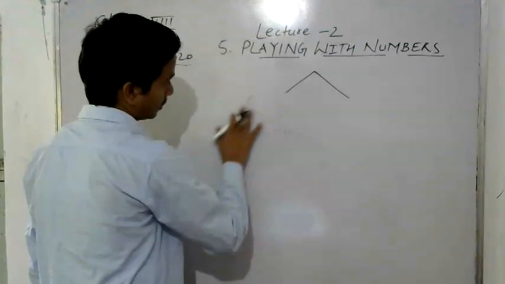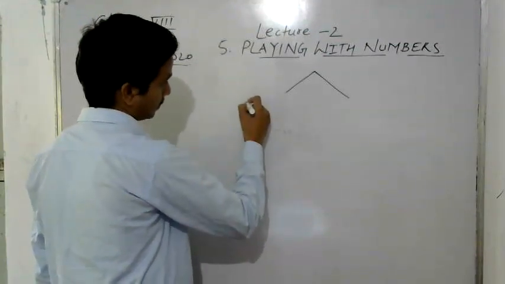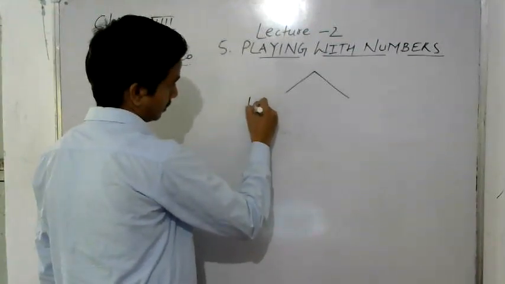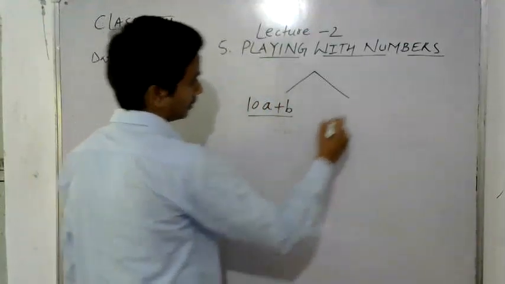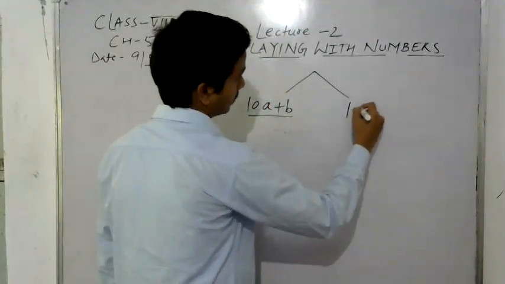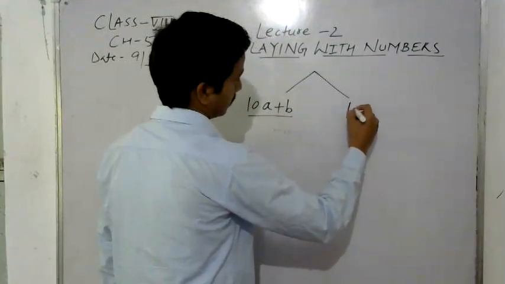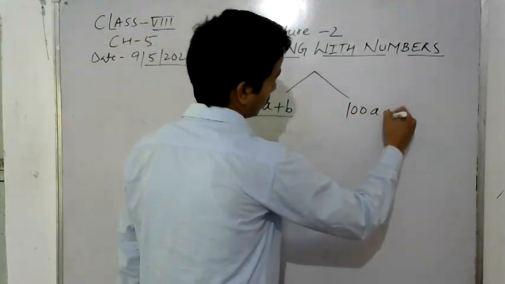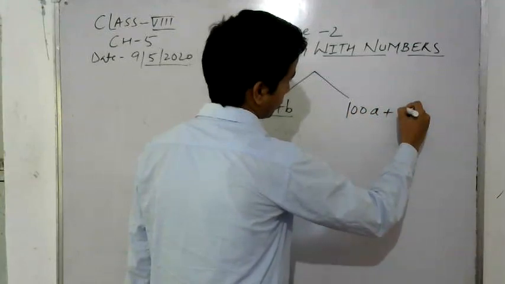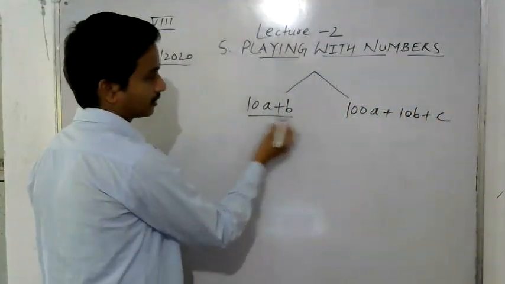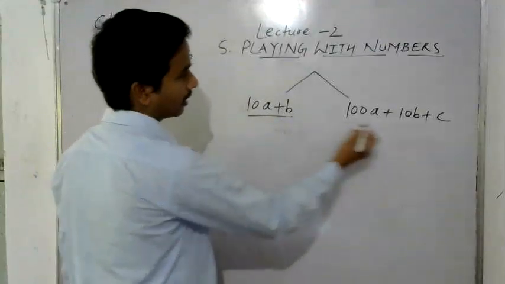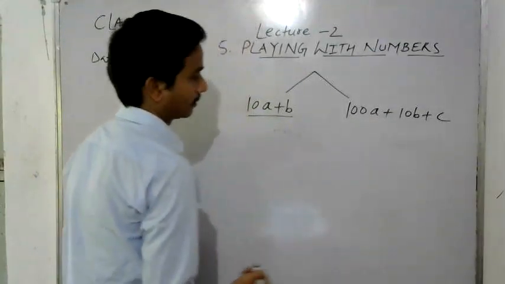A two-digit number can be represented as 10a plus b, while a three-digit number can be represented as 100a plus 10b plus c.